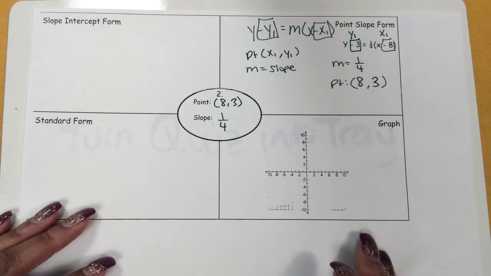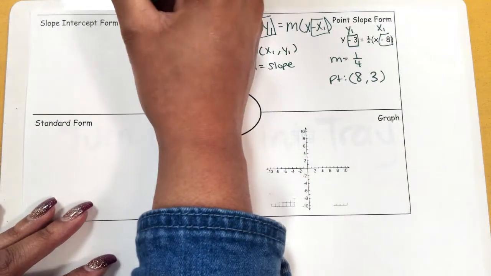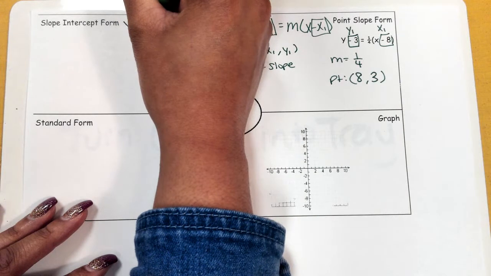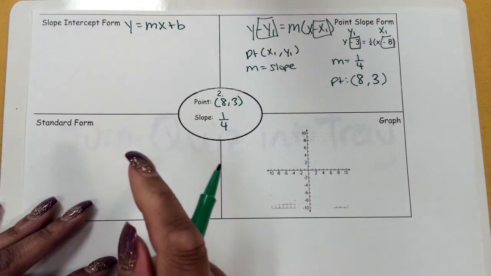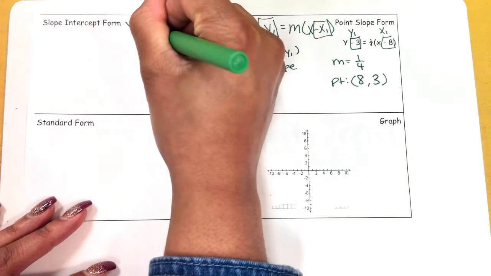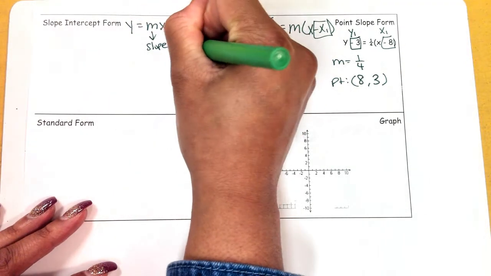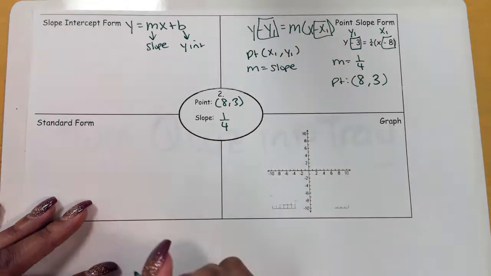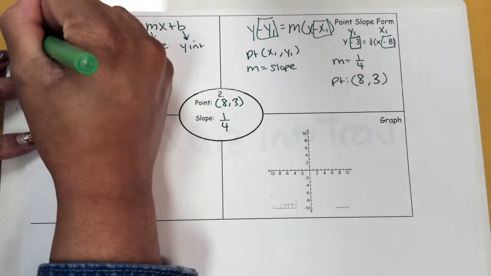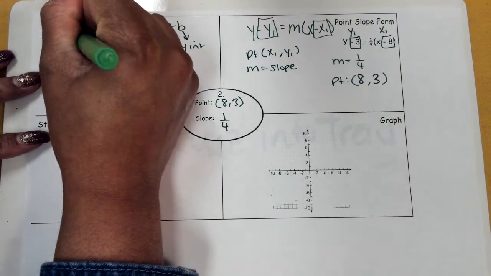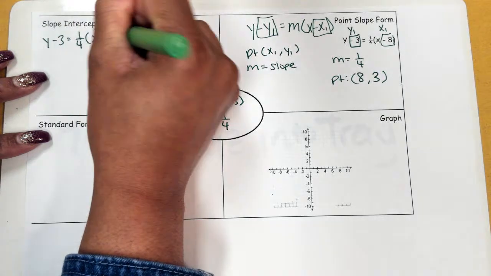Okay, so now we've done that. Now we can go over to slope-intercept form. And slope-intercept form is y equals mx plus b. And so the two things that are given here, or that you have to find, is the slope and b, which is our y-intercept. Okay, so I'm going to rewrite our equation. Y minus 3 is equal to 1/4 parentheses x minus 8.